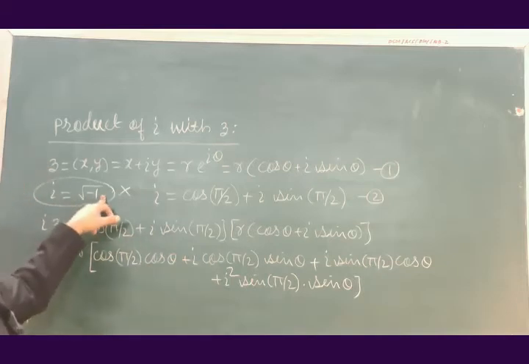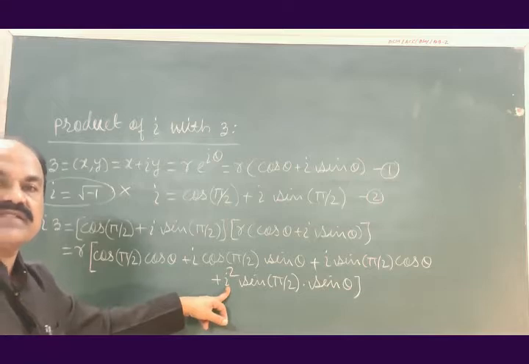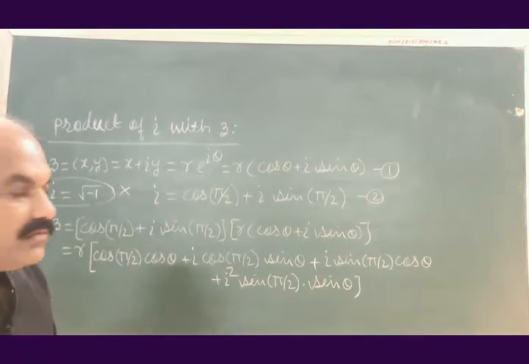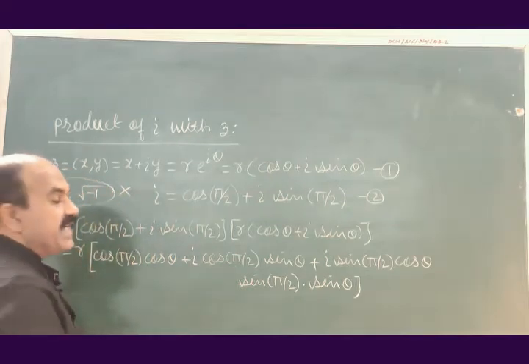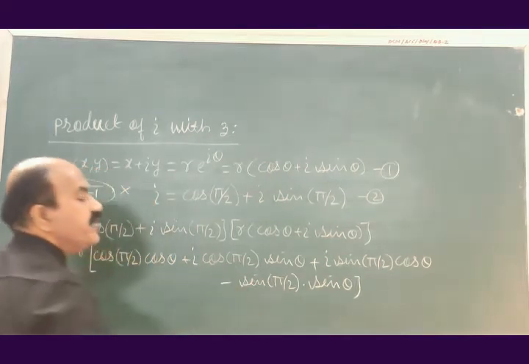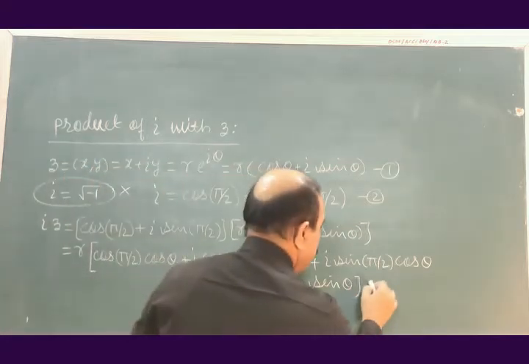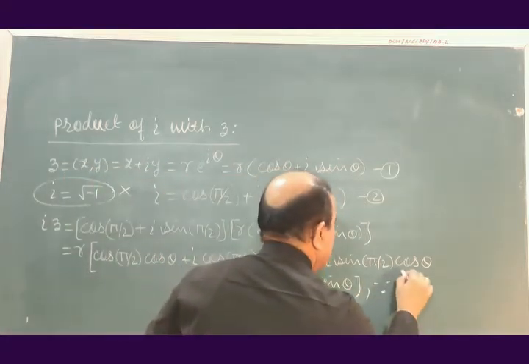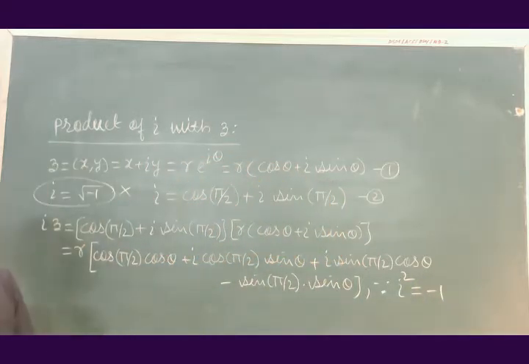i is square root of minus 1. What will be i square? It will be minus 1. So what we do? Let us remove this plus i square and just put a minus sign, since i square is equal to minus 1.